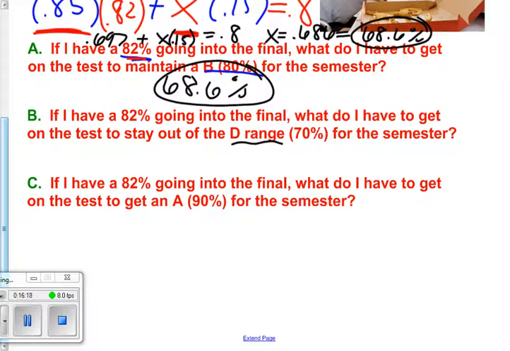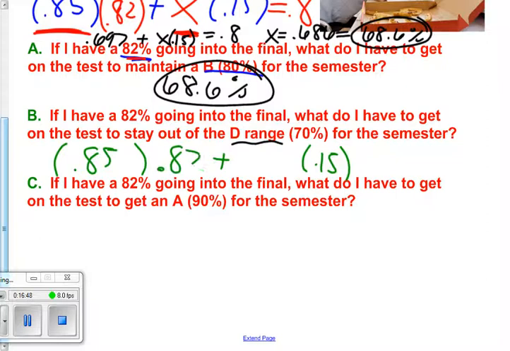Okay, shh. So your grade in the class is made up 85% of the quarter and 15% of the final.